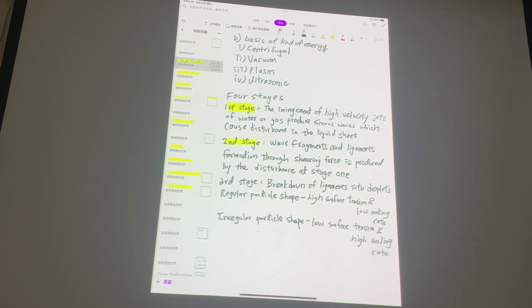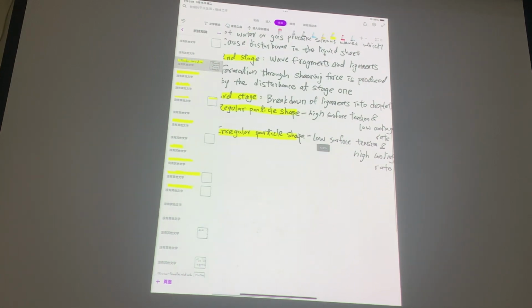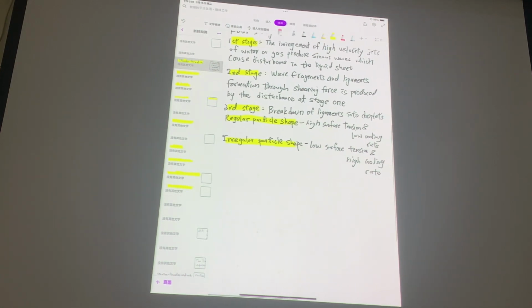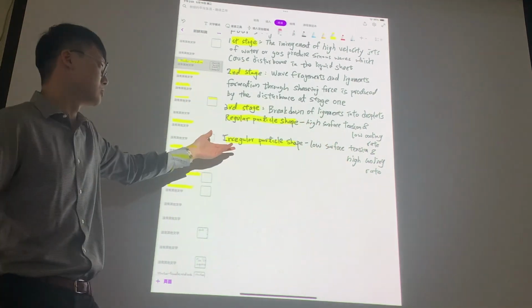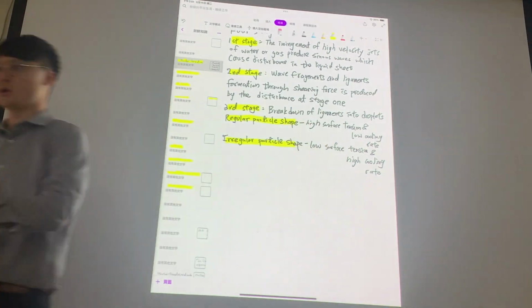Alright, does that make sense? So this is the third stage. So that's the difference, right? Regular particle shape: high surface tension, low cooling rate. Irregular: low surface tension, high cooling rate.